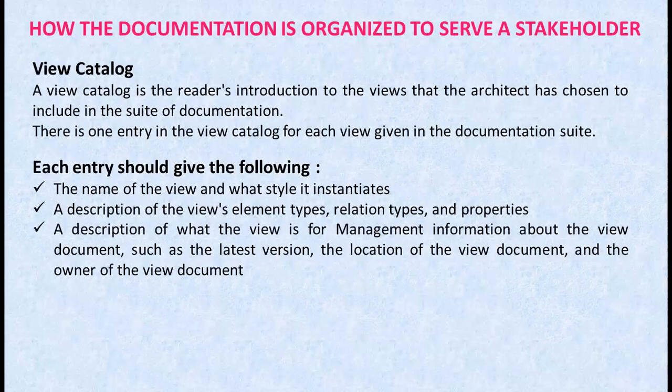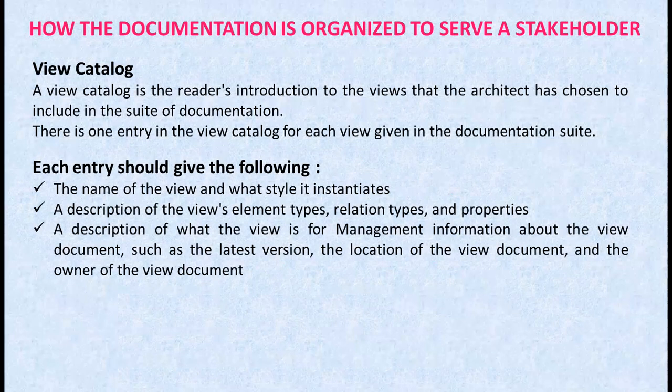So here there are two kinds of how information. One is the view catalog. A view catalog is the reader's introduction to the views that the architect has chosen to include in the suite of documentation.